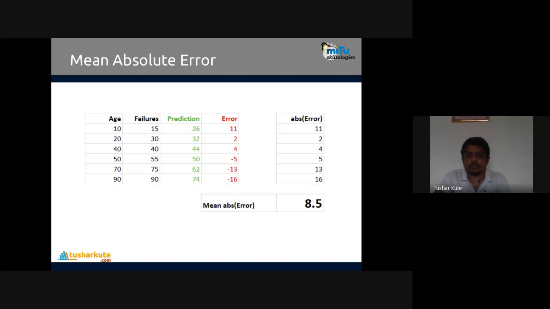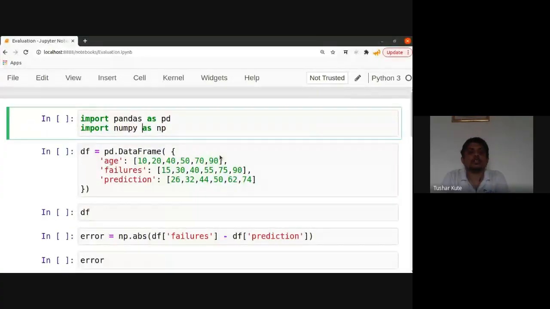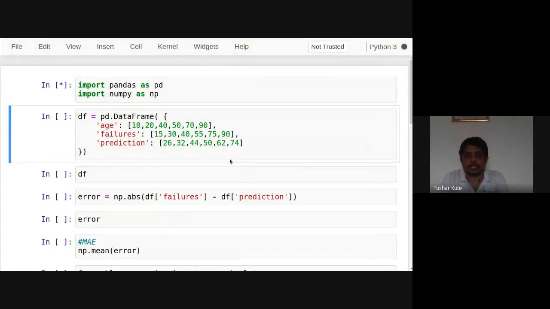Now you can see this. Some inbuilt functions are present in metrics which we can use to perform the same operation, but I can do it on my own also. Here I have the same data frame I have created.